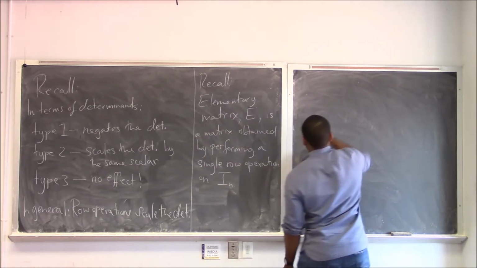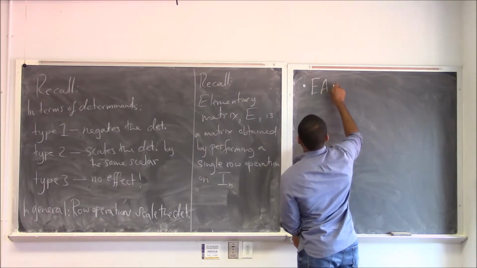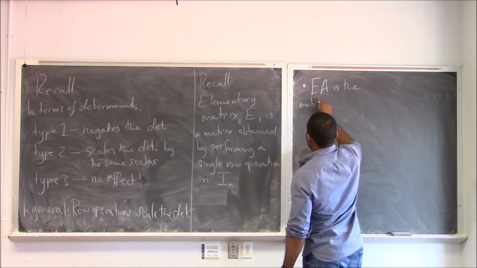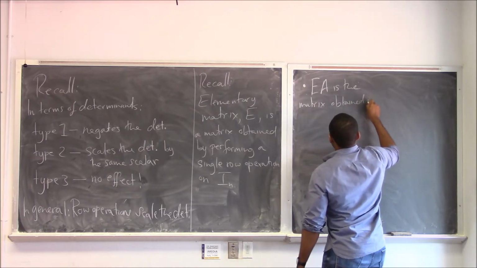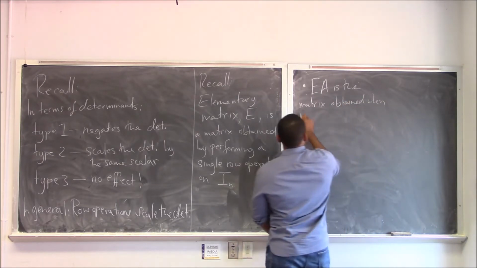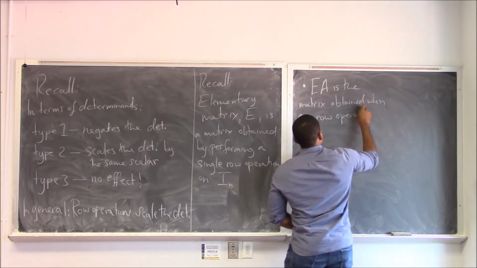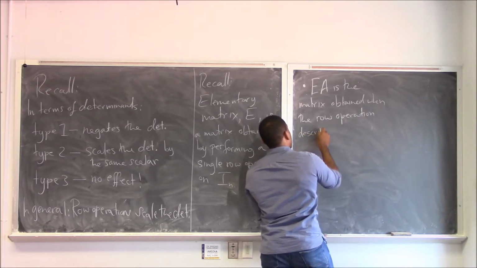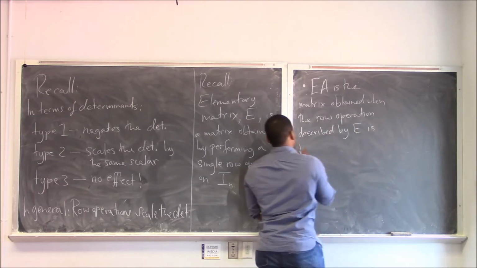Also, the important thing you should recall is that EA is the matrix obtained when the row operation described by E is performed on A.